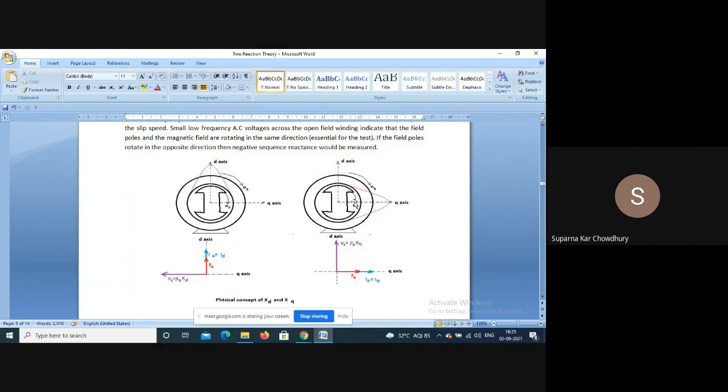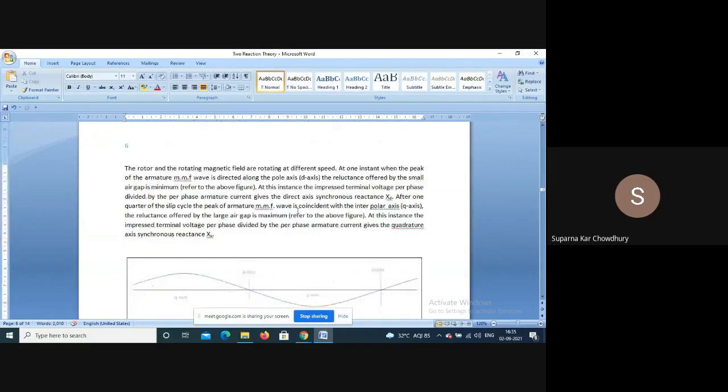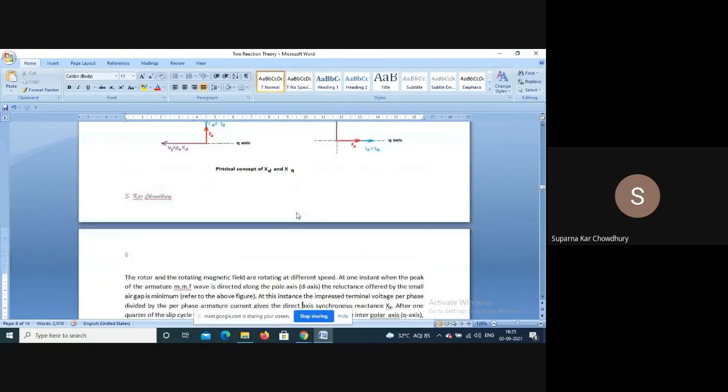Similarly, for this condition, current is large, so the drops in the leads and the connections are also large. So constant voltage minus large drop, the voltage will be small. So voltage will be minimum and current will be maximum. Basically, the voltmeter and ammeter connected to the supply will fluctuate between minimum and maximum.